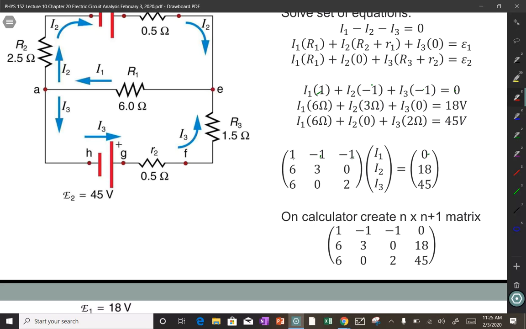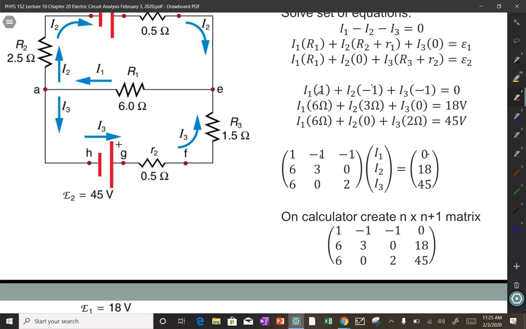And now I need to fill the matrix with those numbers. So notice the first 3 by 3 is the 3 by 3 matrix I have, and then the last column is the answer column. So we just smashed it together. It's a way of simplifying how we write this set of equations.